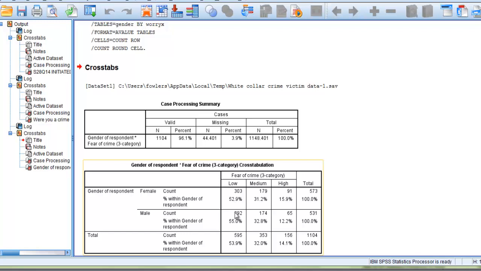But the percentages just aren't disparate enough. You would really need a greater disparity between these percentages to walk away with support for your hypothesis. So you're going to accept the null hypothesis as opposed to reject it and say there's just not enough evidence to say that women are more fearful of crime than men.